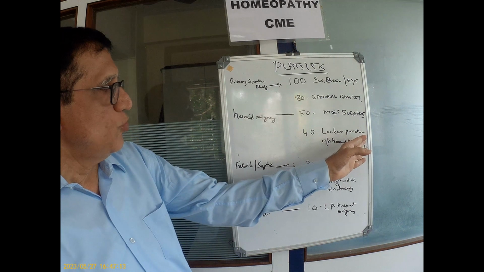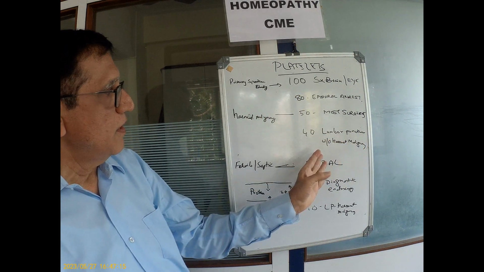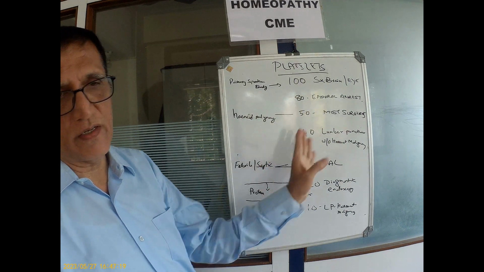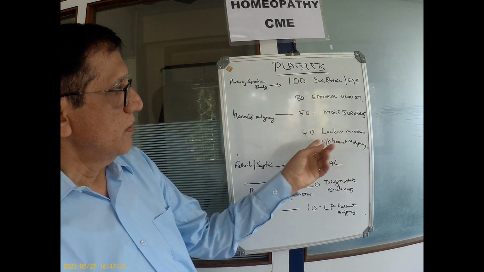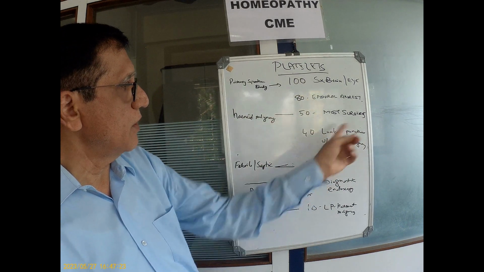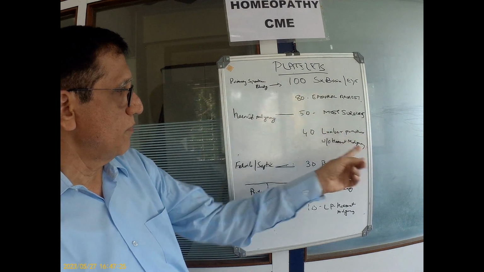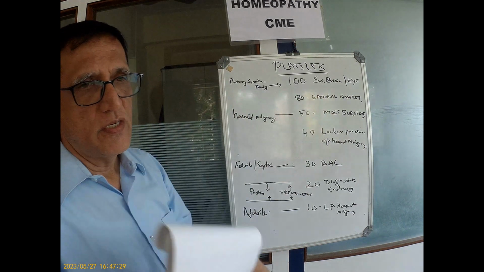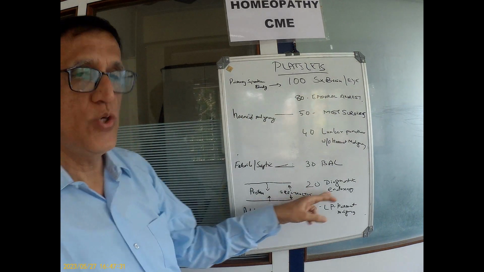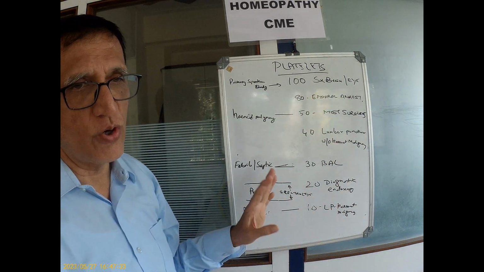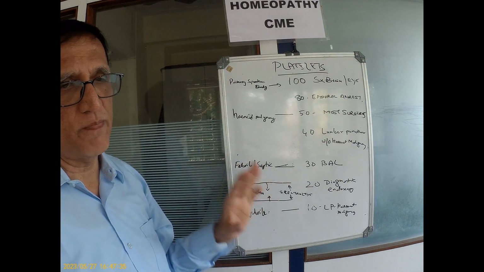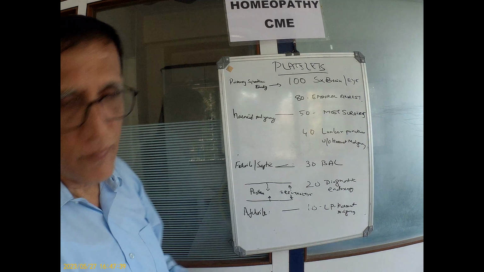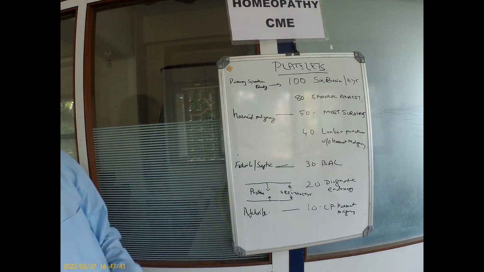At 40, you may be able to do a lumbar puncture, provided there is no hematological malignancy like lymphoid or myeloid leukemia and all those. So at 40 you can do a lumbar puncture. At 30 you can do a bronchoalveolar lavage. At 20,000 count of platelets, a diagnostic endoscopy is allowed.